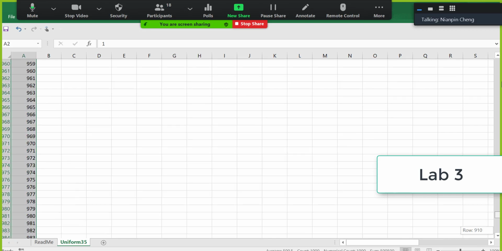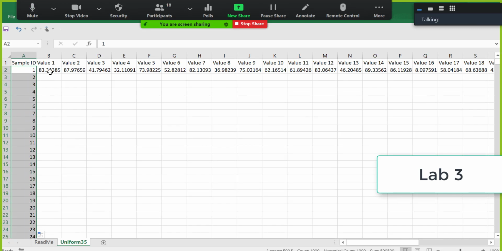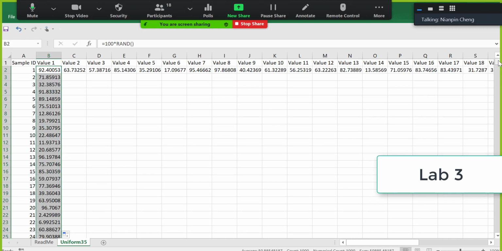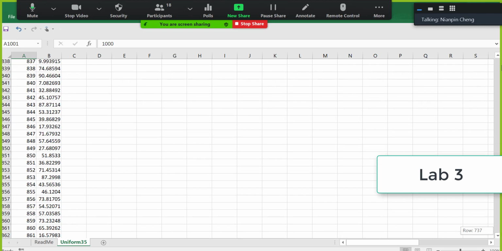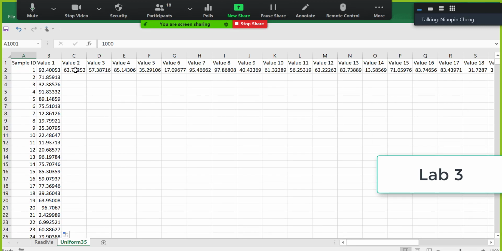And then if I just double click, it will automatically fill the data until the end of my index. So we can speed up.